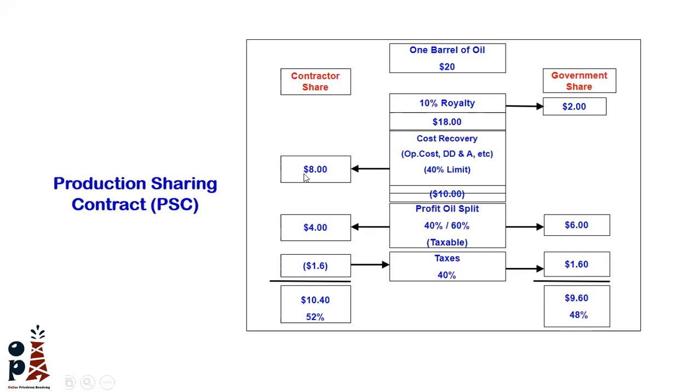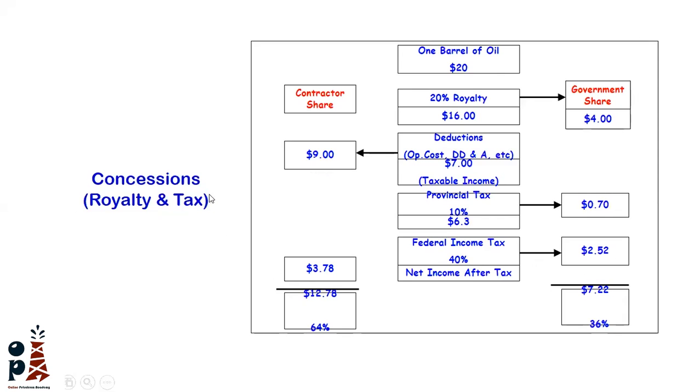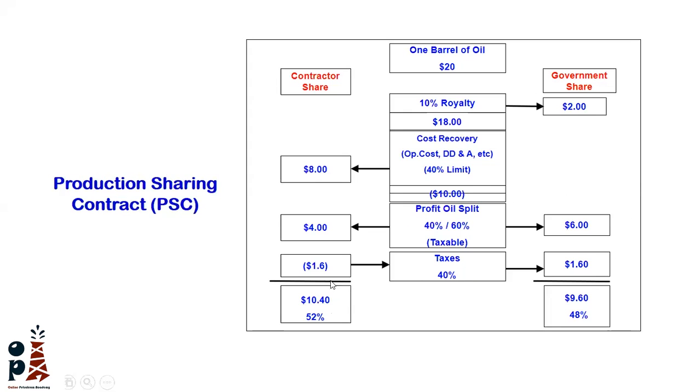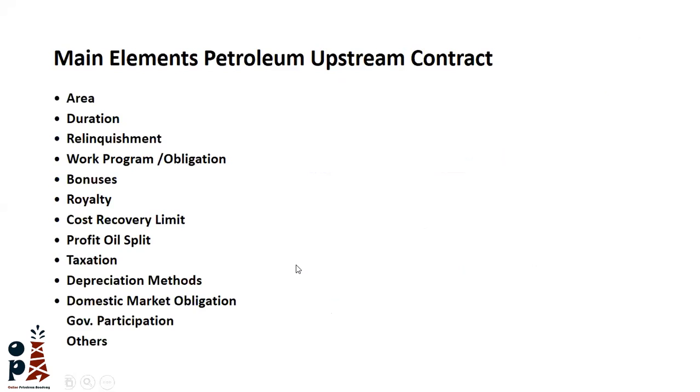And the contractor will receive 8 plus 4 minus 1.6, which is 10.4, which is 52% of the total profit. So if we look at the percentage here, we will find that the contractor takes a much higher percentage because he assumes much more risk in concession than in production share.